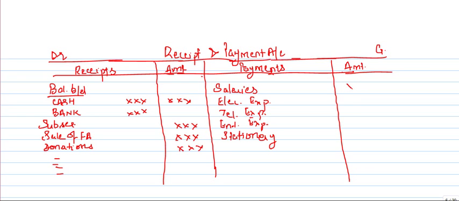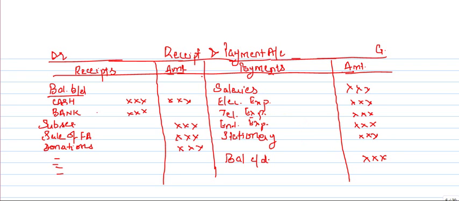So all the expenses, whatever the expenses are incurred by the non-profit organization, you have to record these expenses on the credit side. Clear? Now all the receipts minus these expenses will be your balance carried down. Clear?